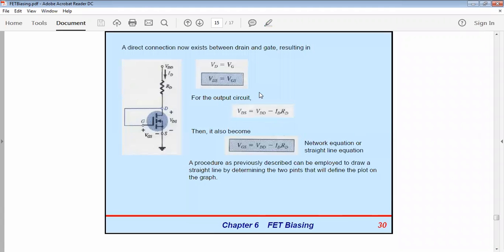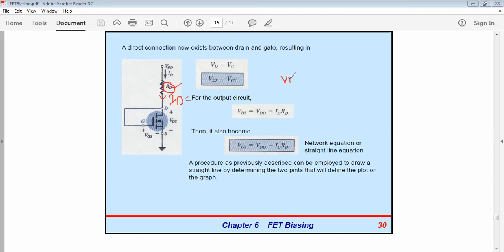What is current ID equal to? ID is equal to, okay, apply KVL to this loop. You may directly find the ID value without using the current equation also. You know the value of RD.